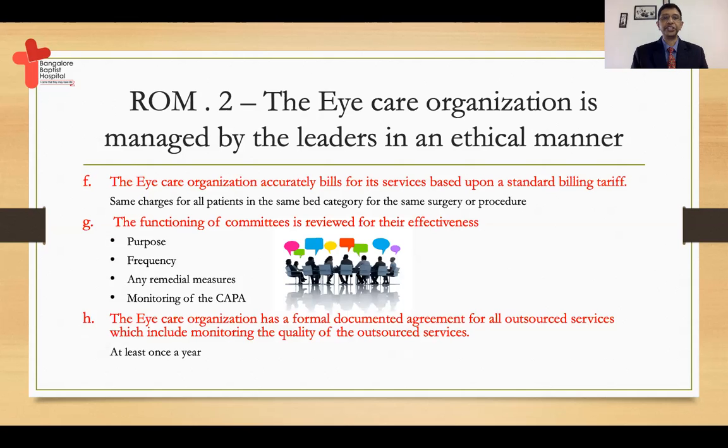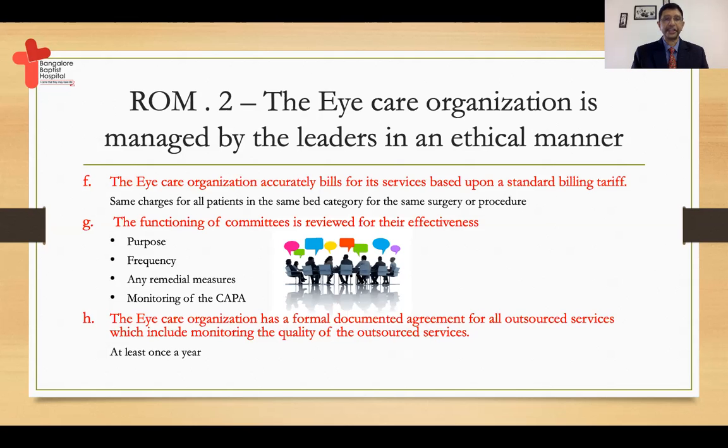ROM 2G. The functioning of committees is reviewed by the management for their effectiveness. The purpose of the committee, the frequency of its meetings, and any remedial measures that the committee may recommend, and monitoring of all corrective and preventive actions, must be done by the management in a timely fashion.